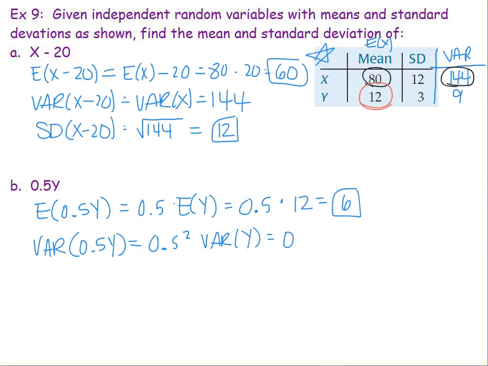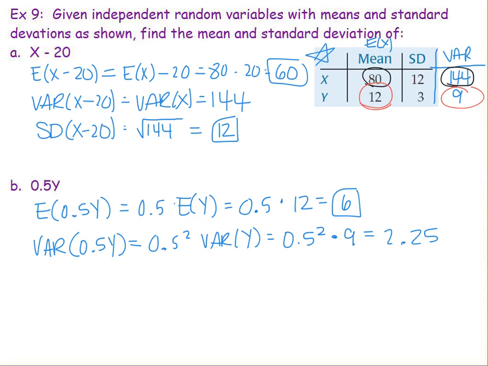So I'm going to keep the 0.5 squared, and I'm going to multiply it by the variance of y, which is 9. So 0.5 squared times 9 comes out to be 2.25.